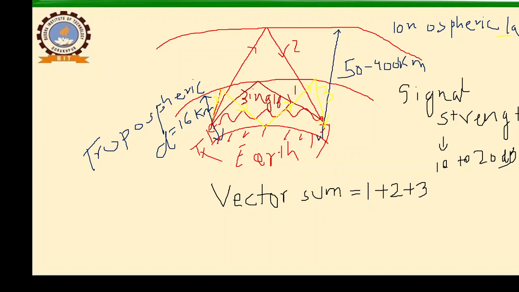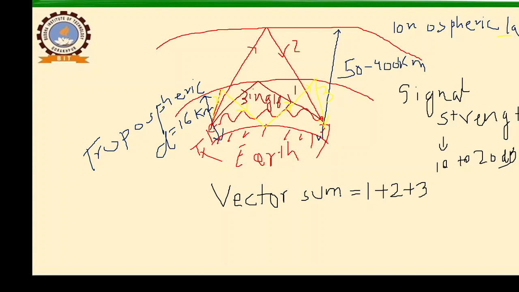This is all about how the signal reaches the receiver in multipath propagation. Due to interference of the two waves, with variation of a few dBs, fading takes place.